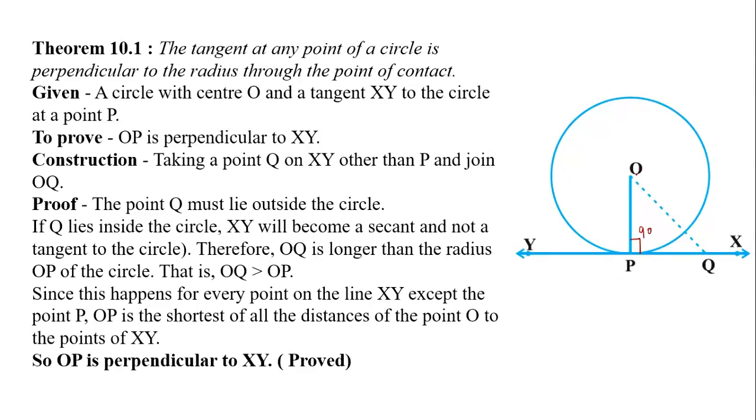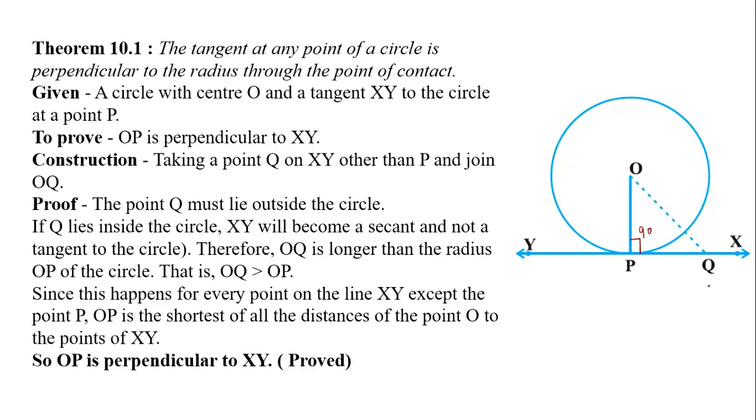We have to prove that OP is perpendicular to XY. So we make some construction. We join O and Q, where Q is a point on the tangent XY.